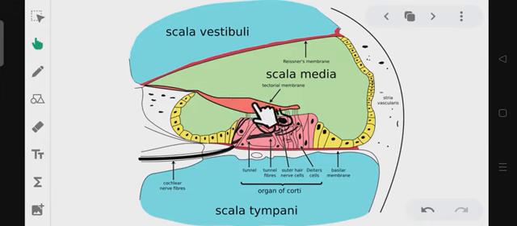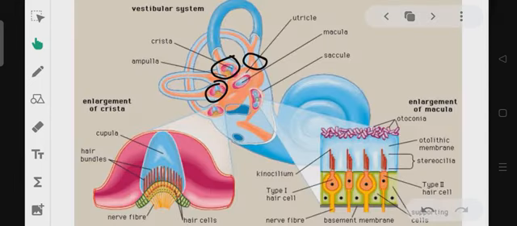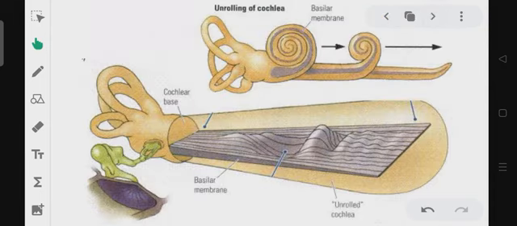We should have a covering over the hair cells in the utricle and the saccule, so that we can prevent over-uplifting. So we have an otolith covering over there. The otolith membrane is present over there. Basically, the otolith is that only, and the sensory part of the utricle and saccule is the macula, and all this we have learned.